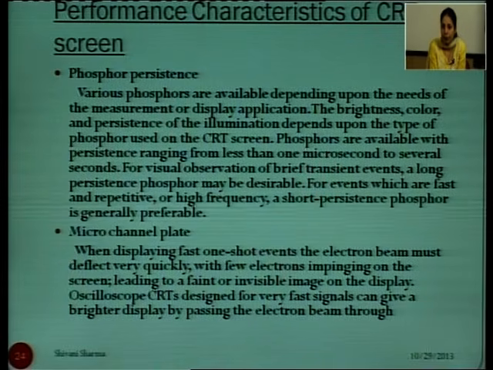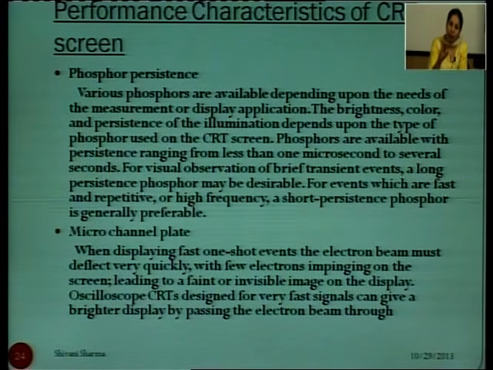Phosphorus are available with persistence ranging from less than 1 microsecond to several seconds, and for visual observation of brief transient events, a long persistence phosphorus may be desirable. When we talk about persistence, it is the persistence of the illumination of the phosphorus.